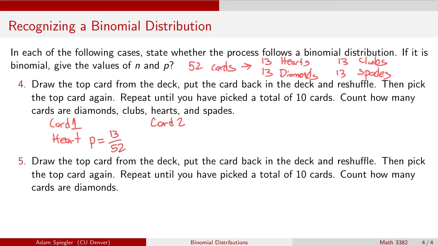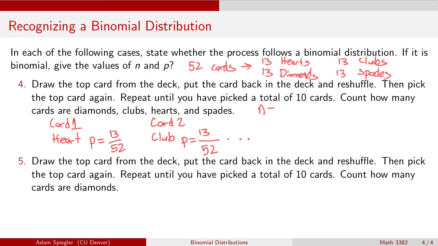So if we pick the heart, we put that heart back in. We pick a second card. And let's say maybe we get a club. And you can think, well, what are the odds of getting that club? There's 13 clubs in the deck. And since we replaced the first card that we picked, there's still 52 cards in the deck. And so we can go on in this process.